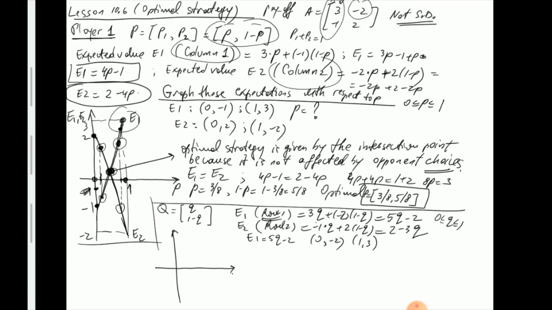So I have 0, minus 2, let's say this is minus 2 over here, and then 1 and 3 over here. I think it's going to be a little bit squished here. But anyway, this is the expected value E1.